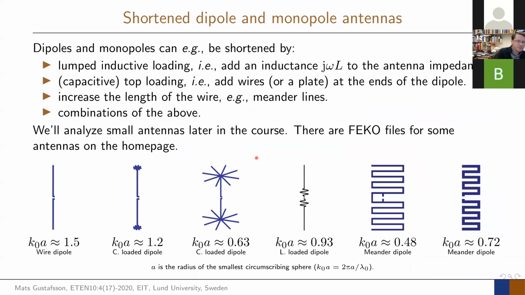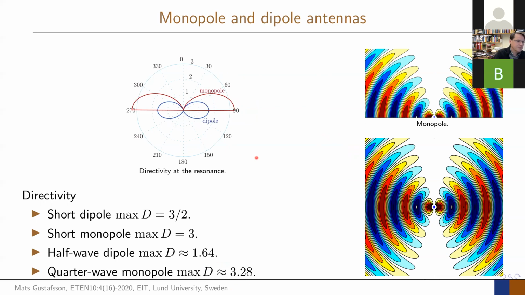Yeah, I have a question. So how does the effective area change between monopole and dipole? Yeah, in the same way, let's say the losses are low, so it is the gain instead of the directivity. The effective area of the antenna is again proportional to the gain, which would be in a lossless case proportional to the directivity.